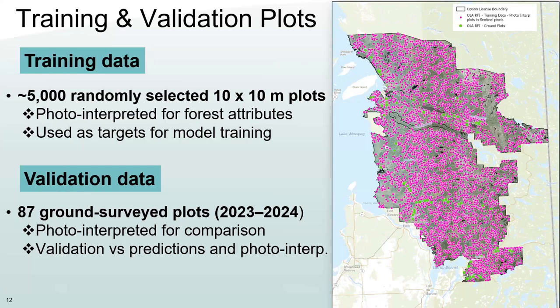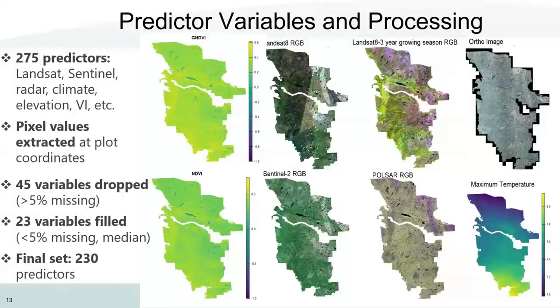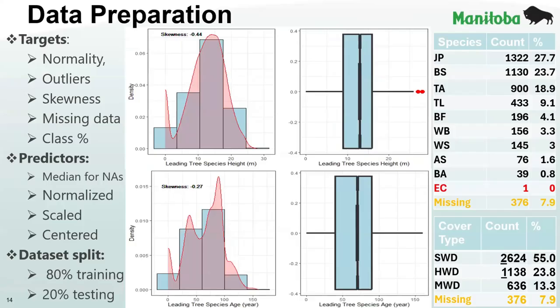We have also collected some ground data. For predictor variables, we've obtained a lot. At this point, we've got 275. I think we're going to cap it at that. Lots are Sentinel and vegetation indices, Landsat indices, and canopy height models. So a lot of predictor variables we're using to model. And with that, I'll pass it on to Paul. Okay.